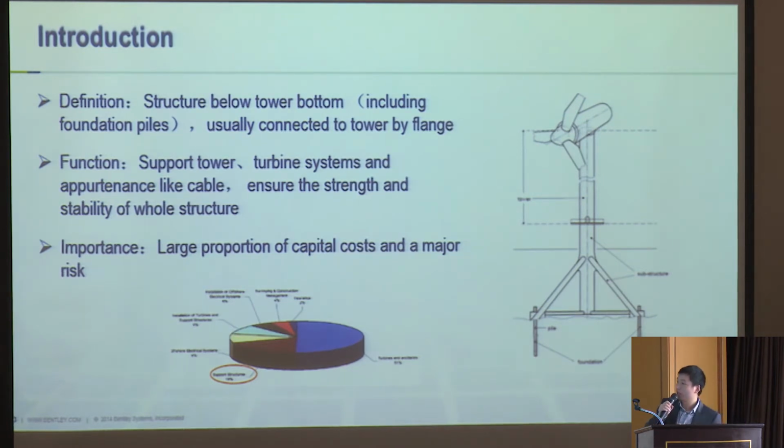And also there is a tower to support the turbine system, and also a substructure with the piles. So the foundation supports the tower, the turbine system, and some ancillary parts like cables.